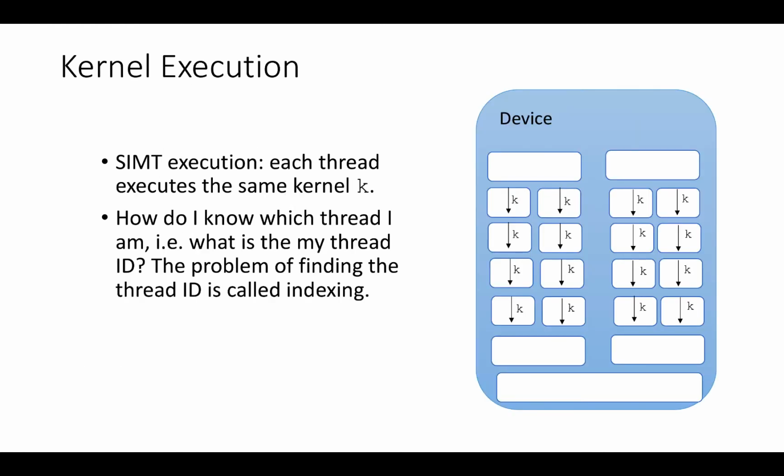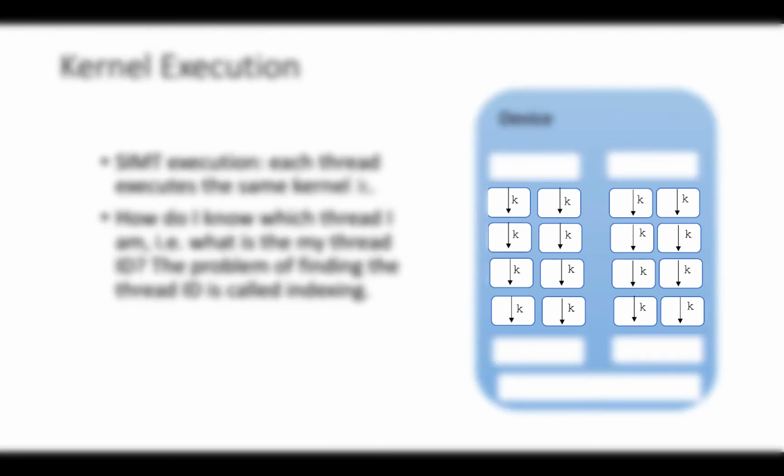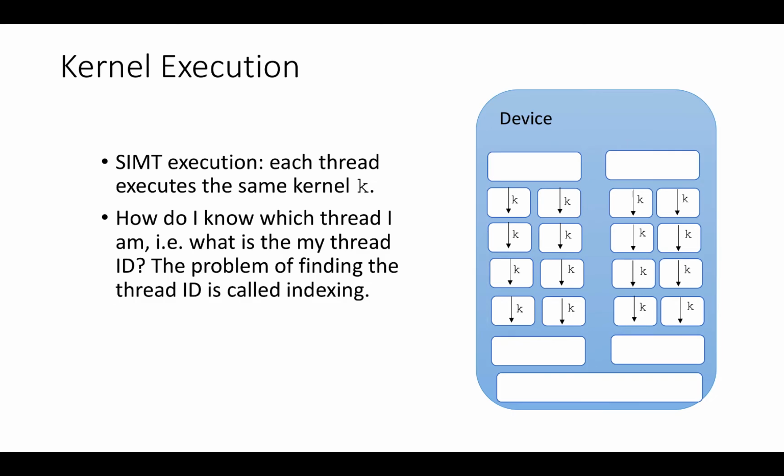As we saw in previous lectures, CUDA uses the single instruction multiple threads paradigm. In this approach, each thread executes the same kernel function. However, we want to have a way for a kernel to operate on different elements of an input array or execute a different series of operations. The way to do that is to associate an ID to each thread and use the ID of the threads to access different elements of the input array.